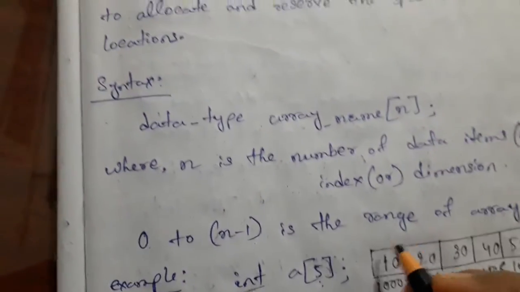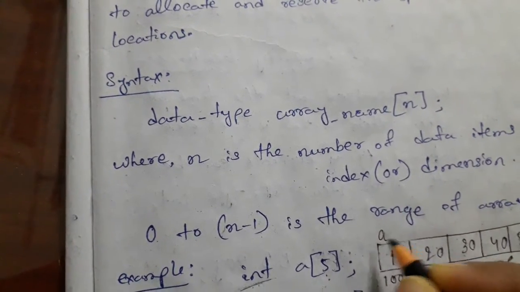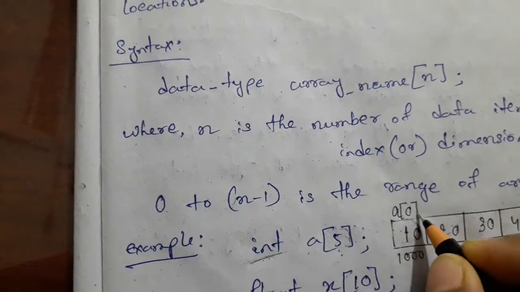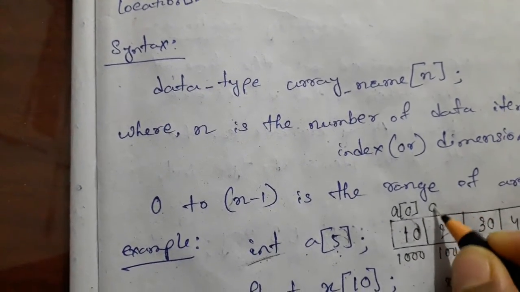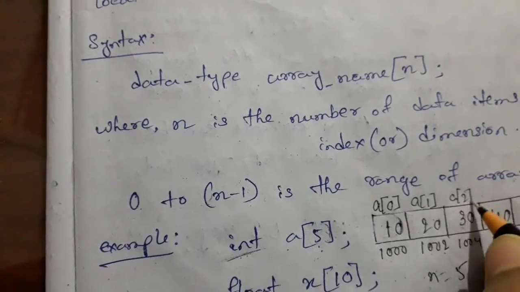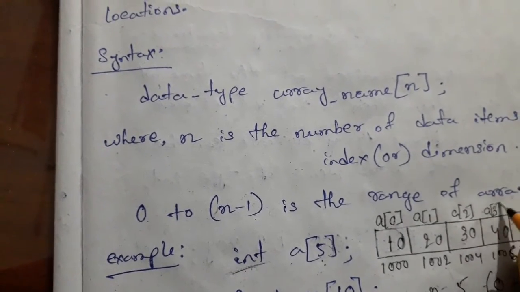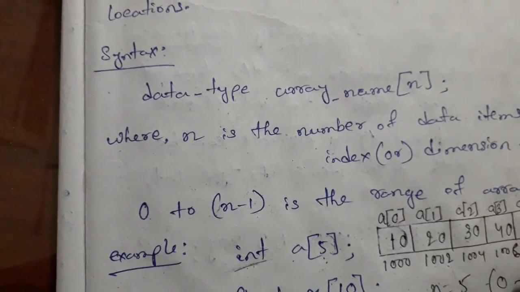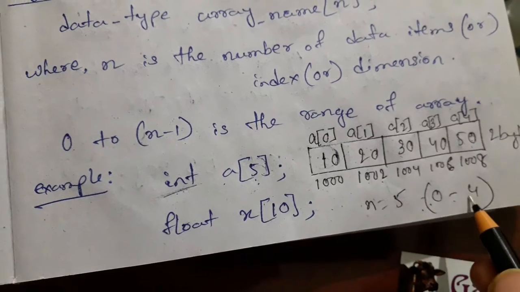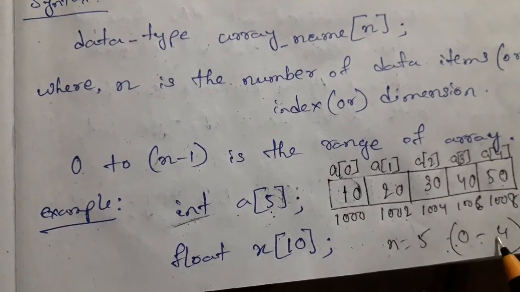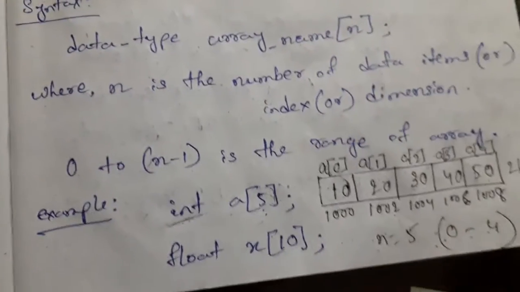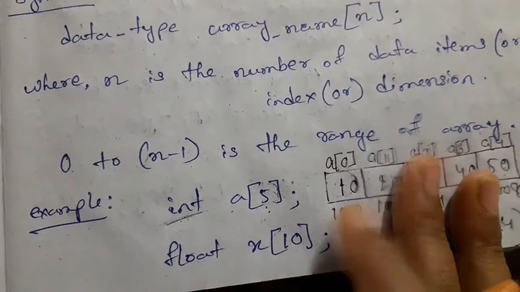So the way we write the indexing is the array name, with the first index starting from 0, next 1, next 2, next 3 and next 4. So the indexing number starts from 0 and goes to n minus 1, that is 4. In this way we declare the array.